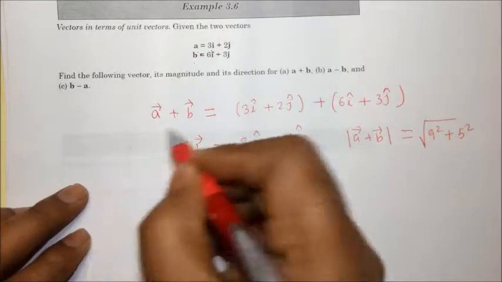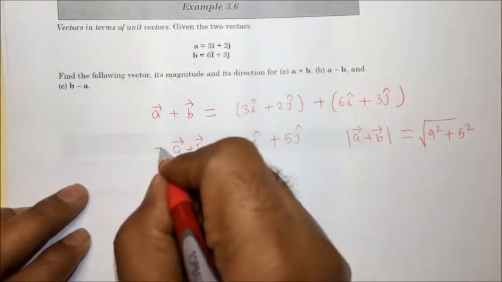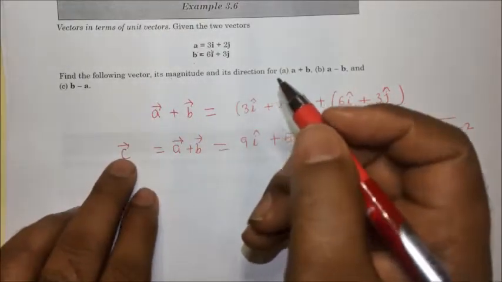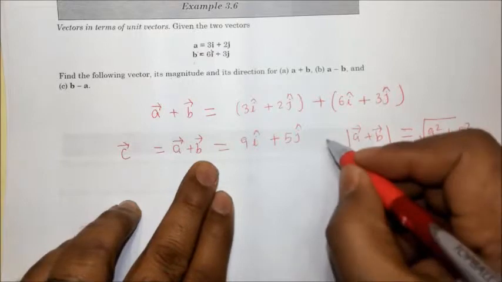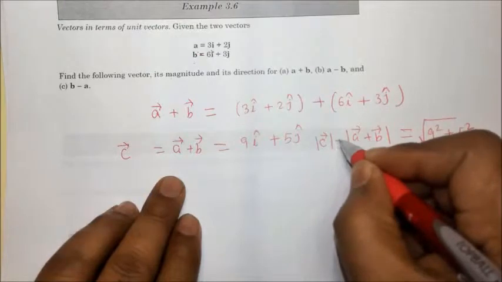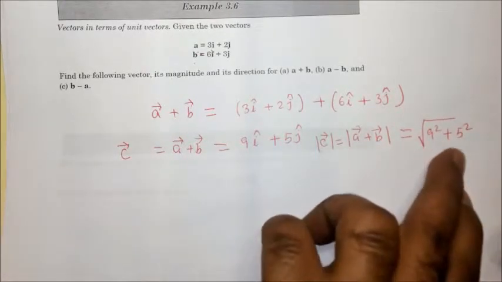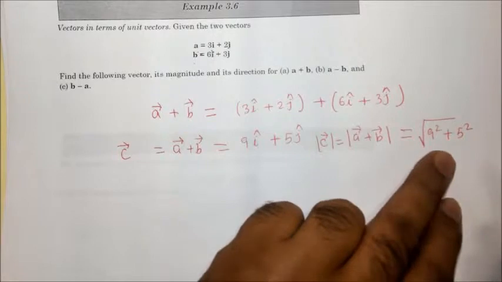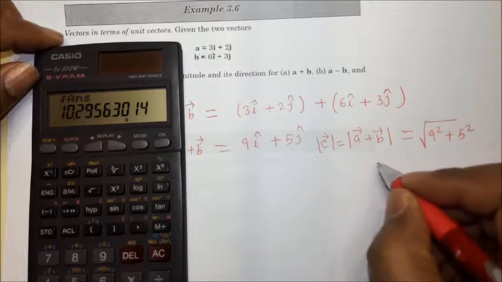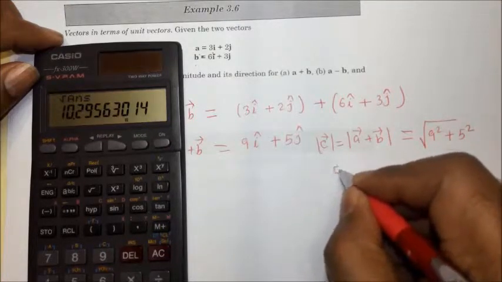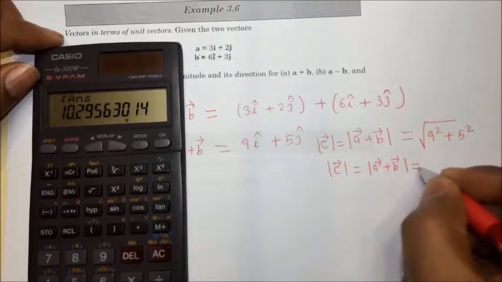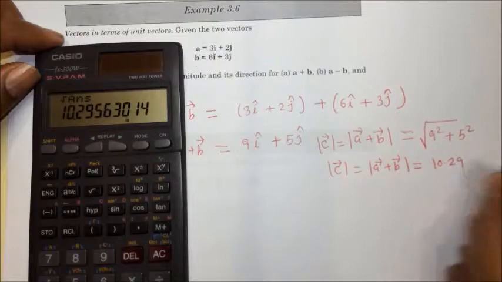If you want, you can write this sum as another vector, vector C. Vector C is the sum of vector A plus vector B. So the magnitude of vector C is the magnitude of vector A plus B, which is equal to the square root of 9 square plus 5 square. Magnitude of vector A plus vector B is 10.29.